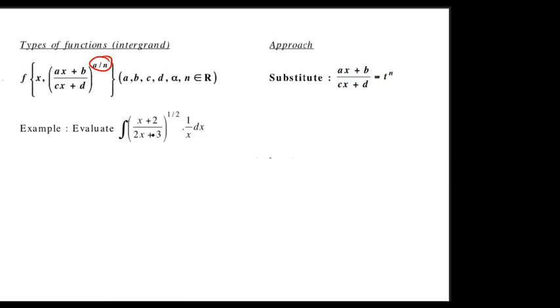So here what you are having is x plus 2 upon 2x plus 3 raised to power half, right? Maybe the power is, let us say, 2 by 5. So you will substitute this expression, x plus 2 by 2x plus 3, directly as equal to t square, so that it will come out of the root, right?